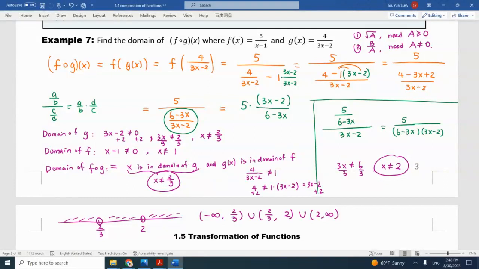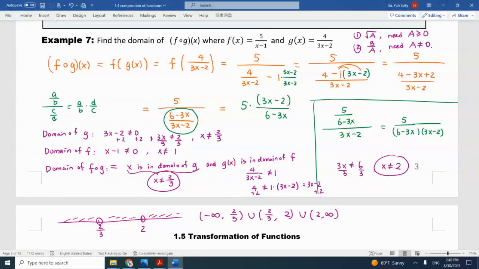And if you just look at the composite function, and you want to find the domain, we don't care about the numerator, we care about the denominator. So you set your denominator 6 minus 3x not equal to 0.